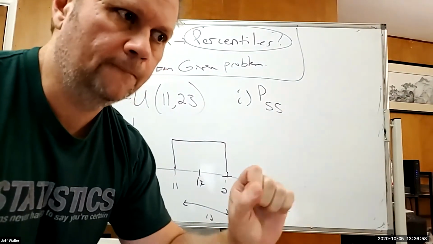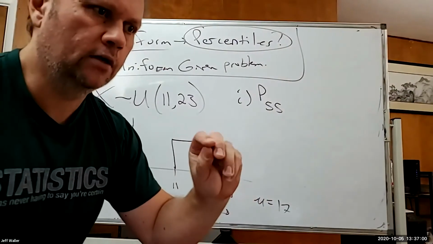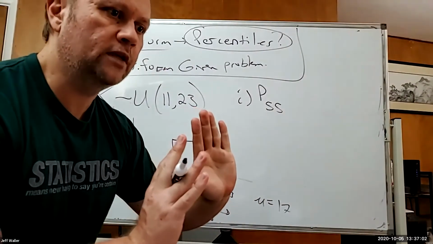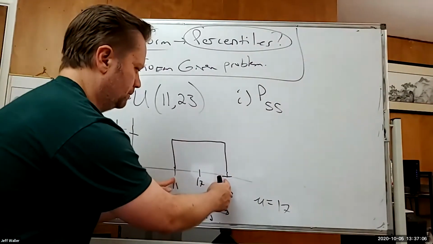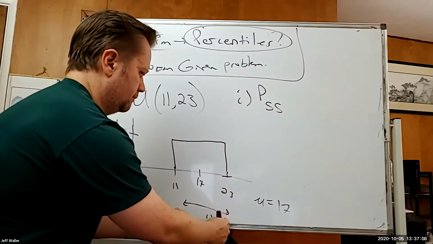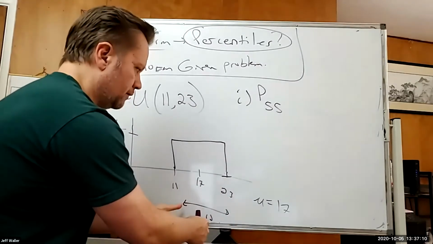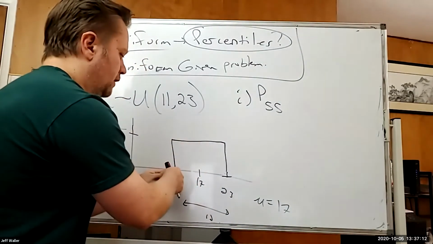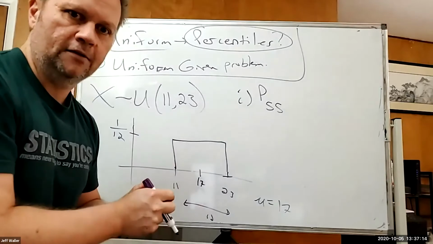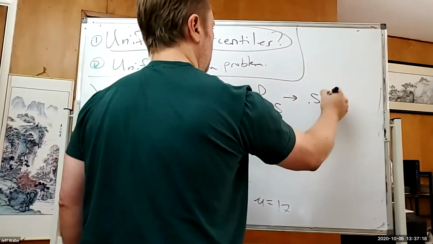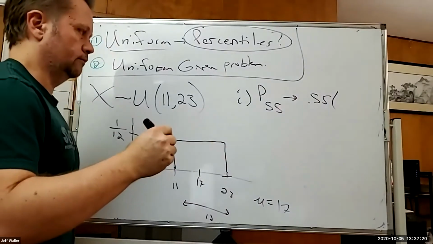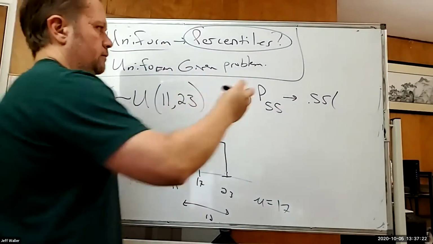So help me out here. If I want to go 55% of the way in, how long is it all the way? 12. And I want to go 55% of that distance in. So it would take 55% of 12.